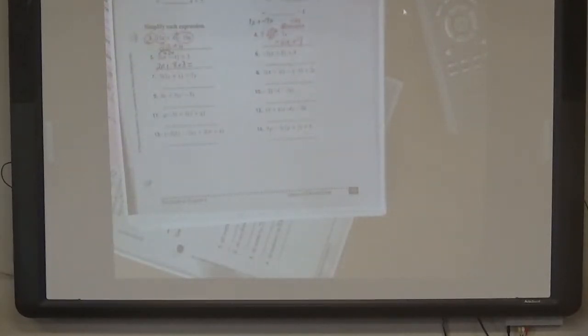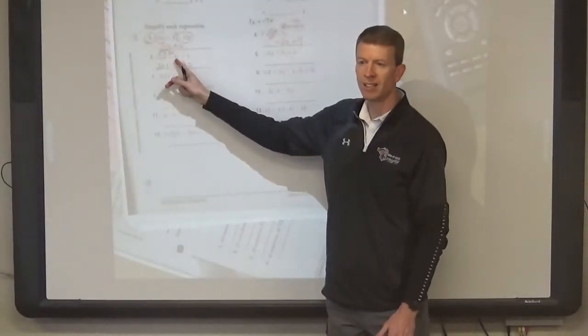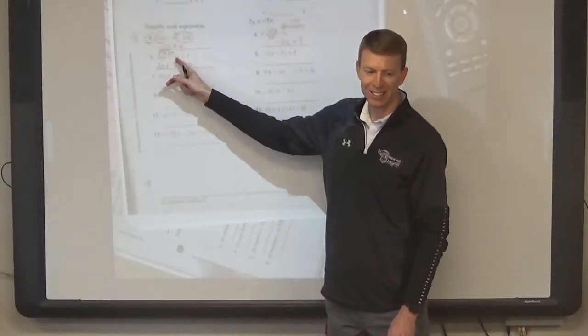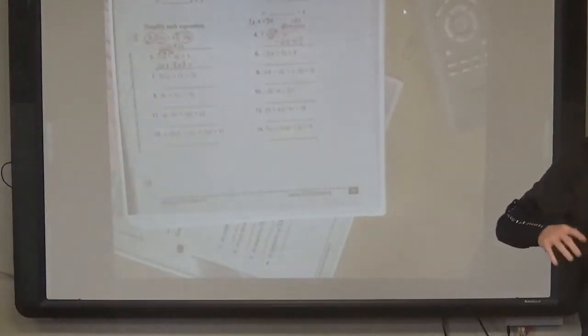Did you get negative 8? 2 times negative 4. Well, yeah, there is. When you multiply over parentheses, you multiply 2 times n and then 2 times negative 4, which is what we did yesterday. See, this is all building on each other, okay?